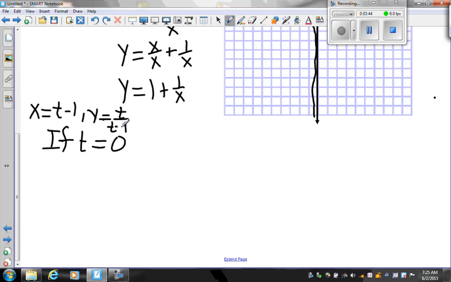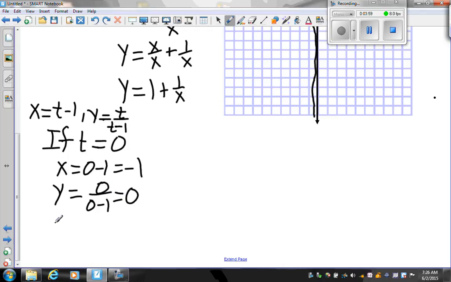So if t is equal to 0, then x is equal to 0 minus 1, which is negative 1, and y is equal to 0 divided by 0 minus 1, which is 0. So we get a point, negative 1, 0.